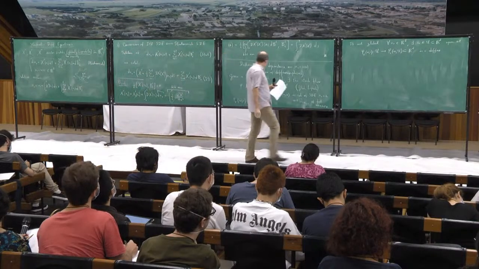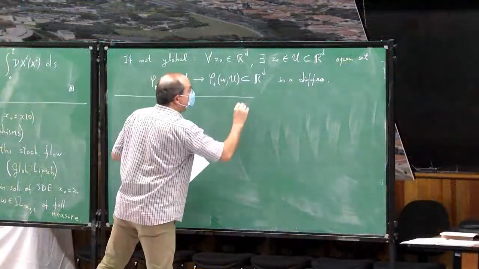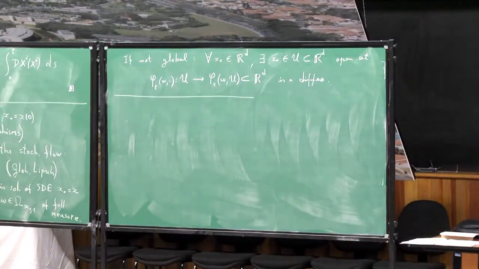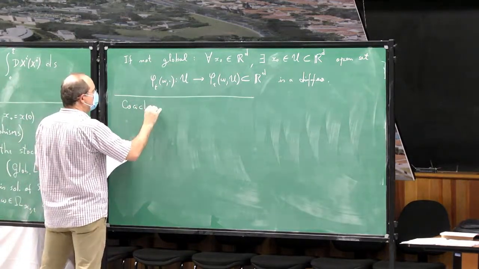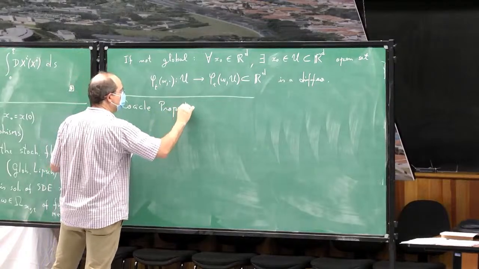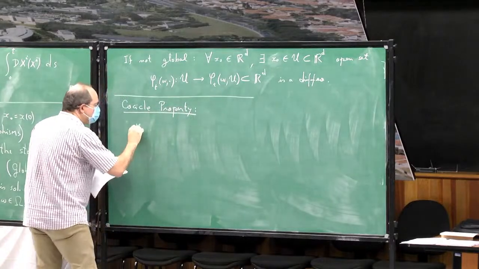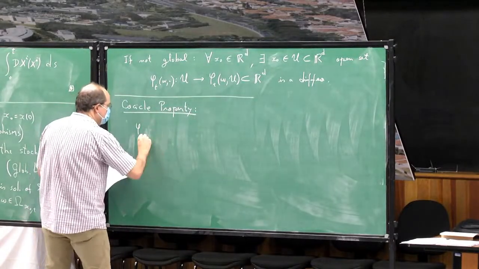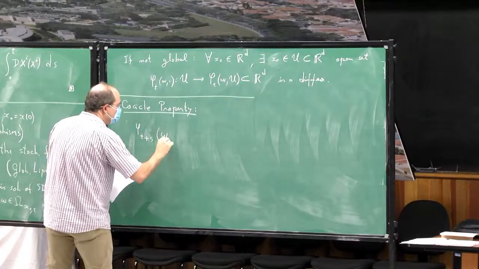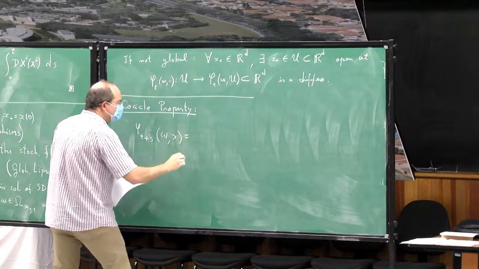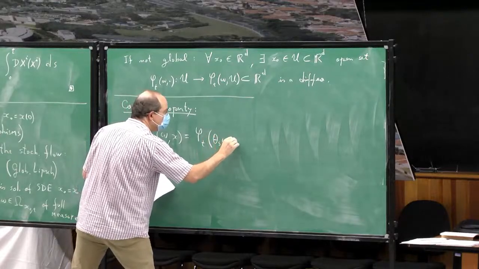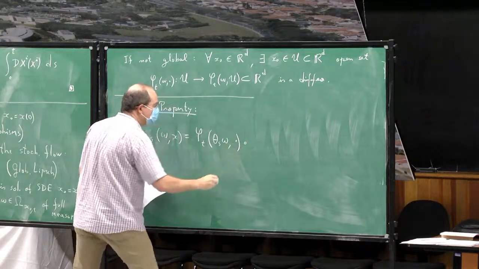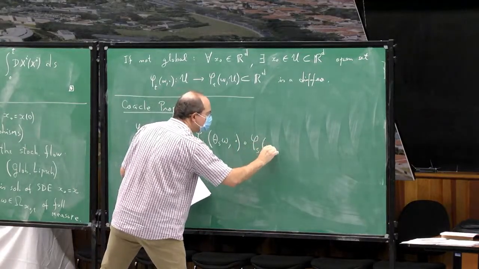And the main property of the flow is the cocycle property, which says that phi t plus s of omega x equals phi t theta s of omega composed with phi s of omega x.